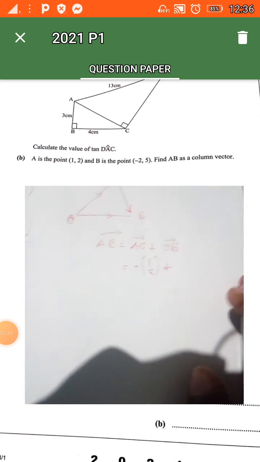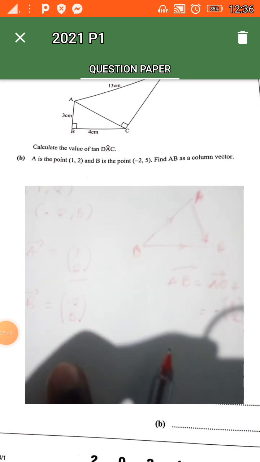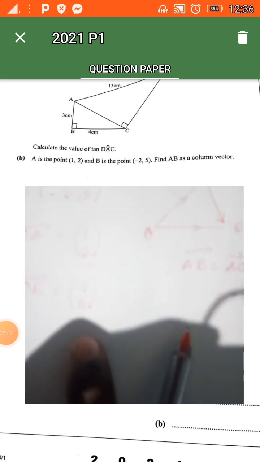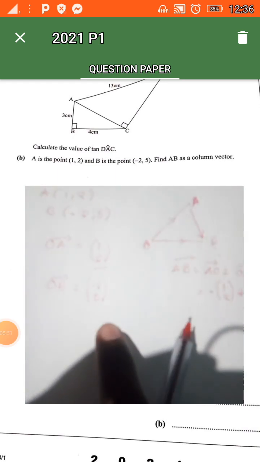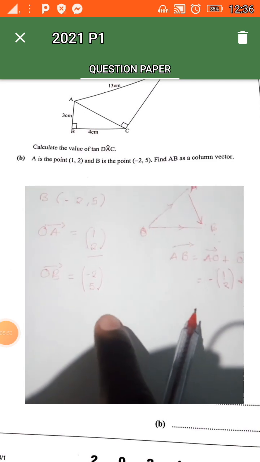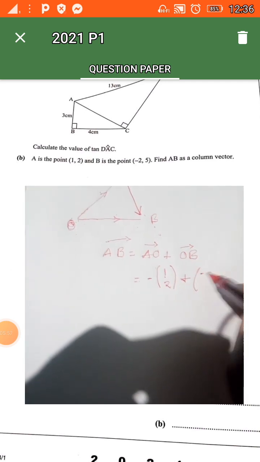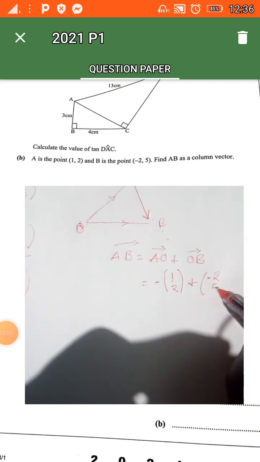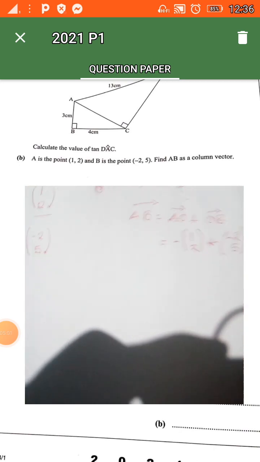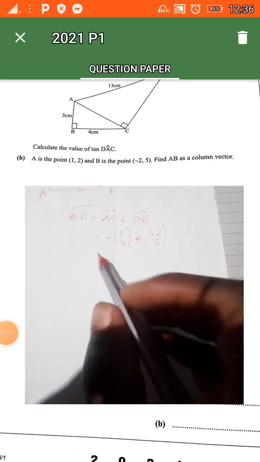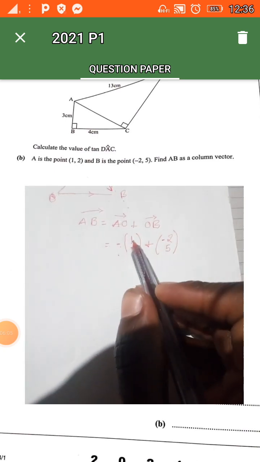The value of OB we know: it is negative 2, 5.